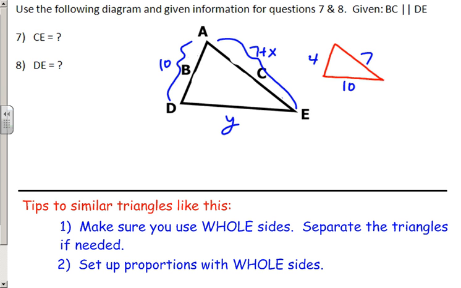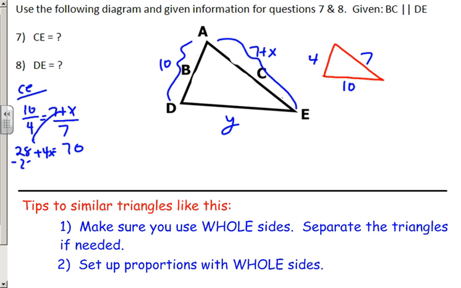So now it's pretty straightforward. If I'm going to find CE, well, that is actually X in this particular case. So CE is X, and I'm going to set up my proportions. So to find CE, I have 10 over 4 equals 7 plus X over 7. You cross multiply and divide. When I cross multiply here, I have to make sure I distribute the 4. 4 times 7 is 28, 4 times X is 4X. 7 times 10 is 70.